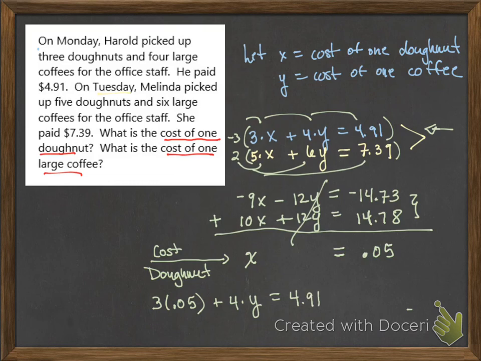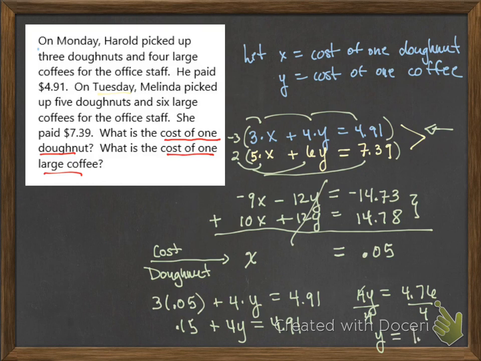So this becomes 15 cents plus 4y equals $4.91. I'm going to subtract 15 cents from both sides, and I end up with 4y equals $4.76. I'm going to divide both sides by 4, and I end up with y equals $1.19.